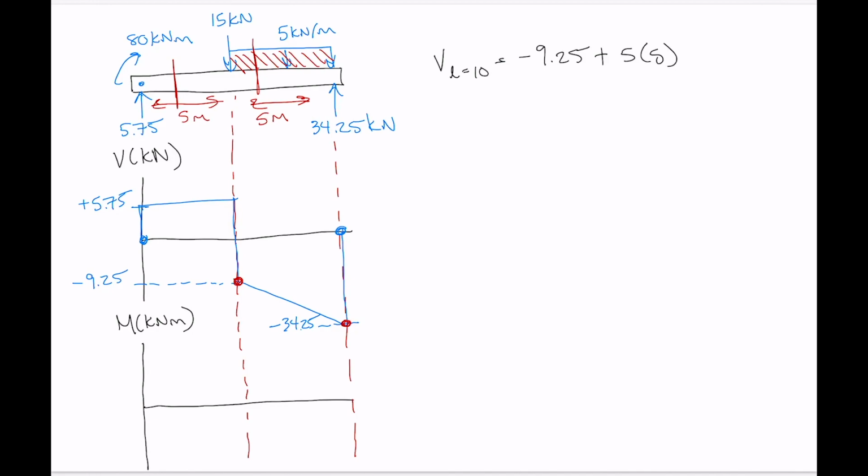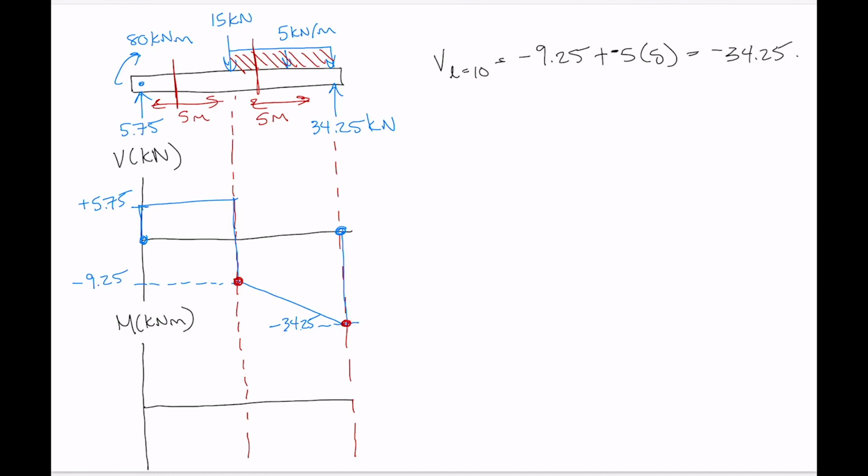And don't forget that that distributed load is downwards, so this needs to be a -5 there. There we go. Now the math is looking better on that. So minus 34.25. So the math checks out.